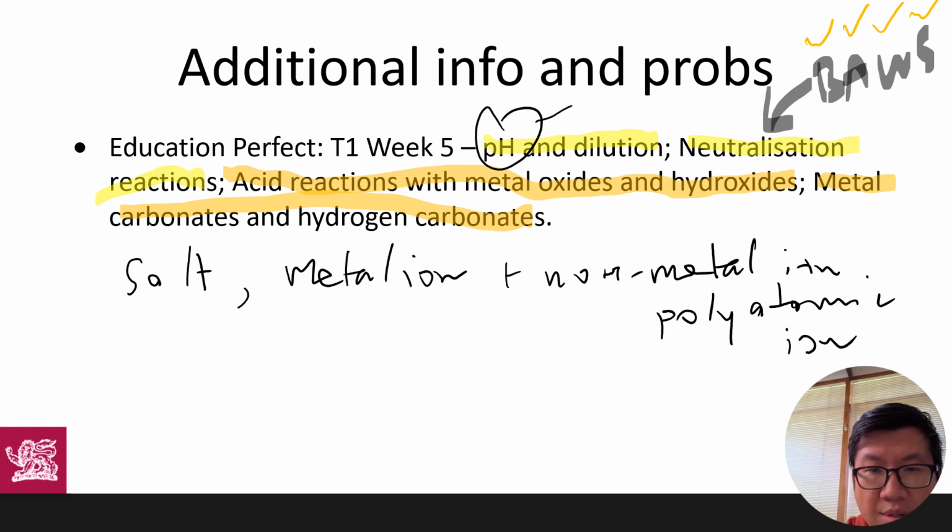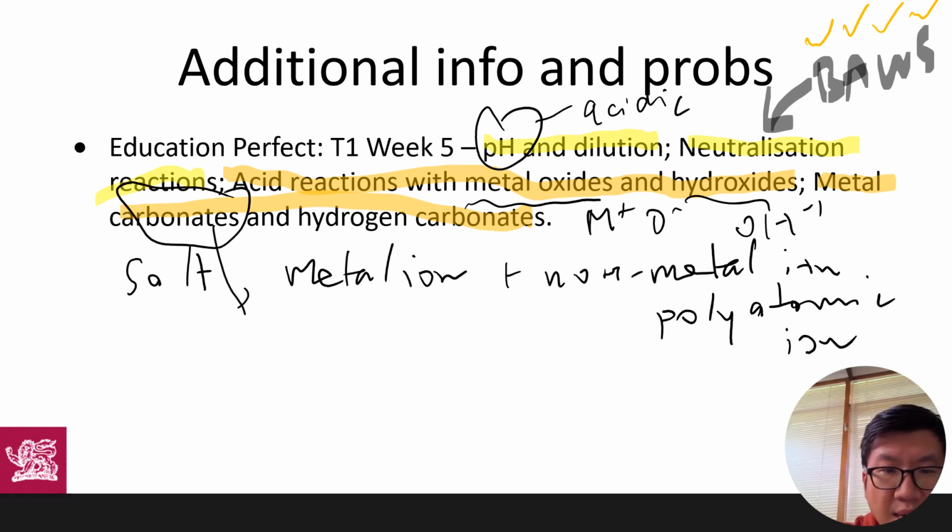pH is the way that we measure how acidic a substance is, or how strong the acidic substance is. And these reactions here, the acid reactions with metal oxides, as in a metal and oxygen ions, or hydroxides, which we know as OH -1.